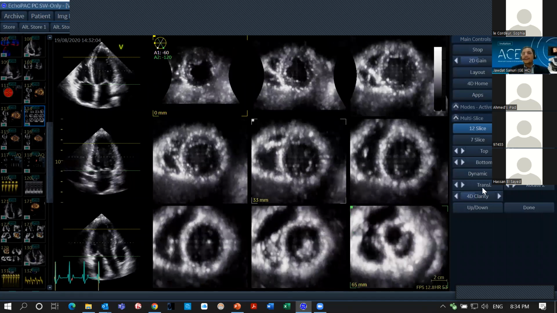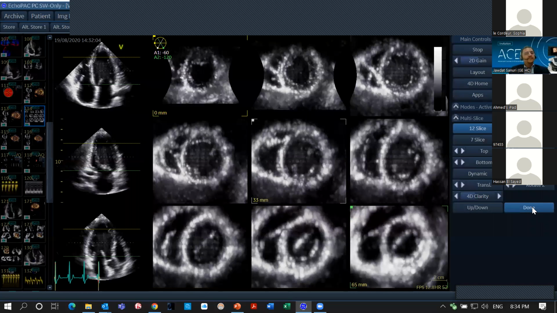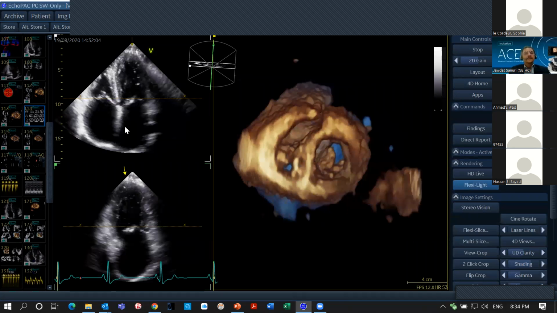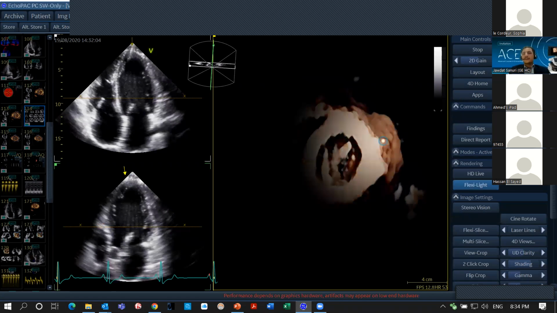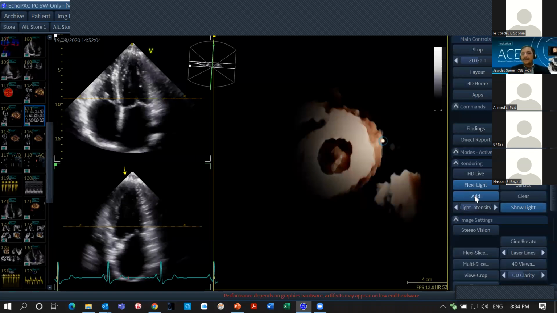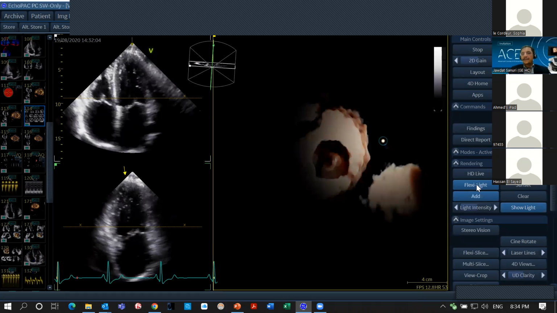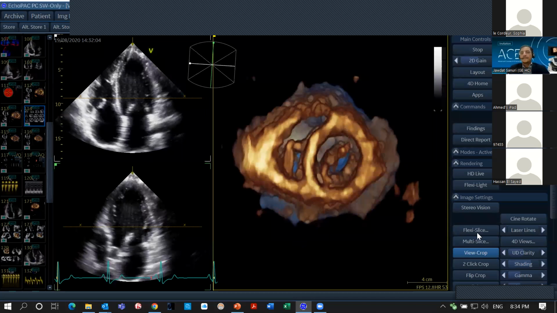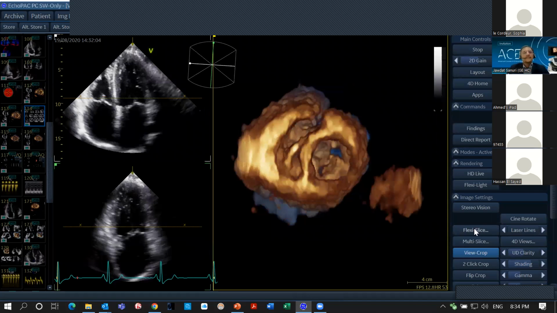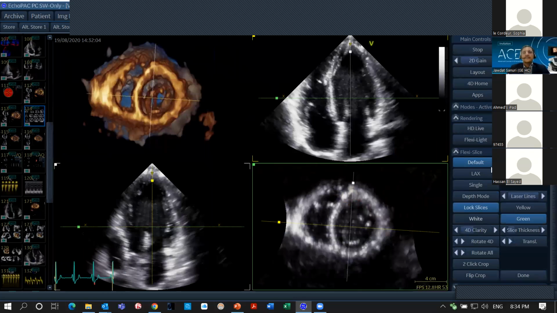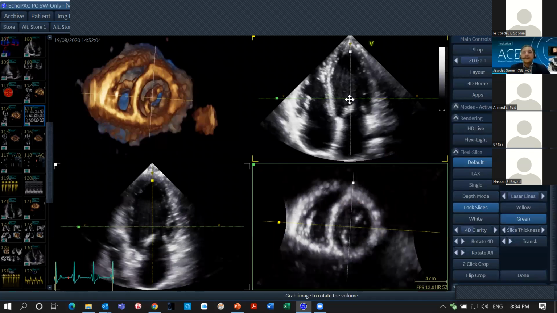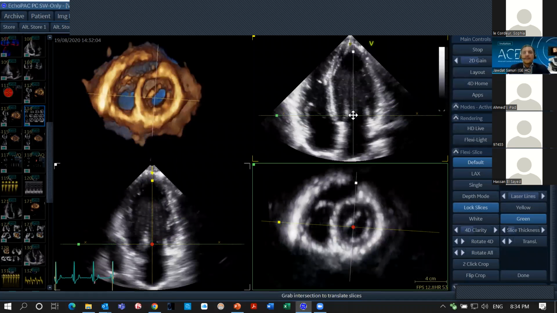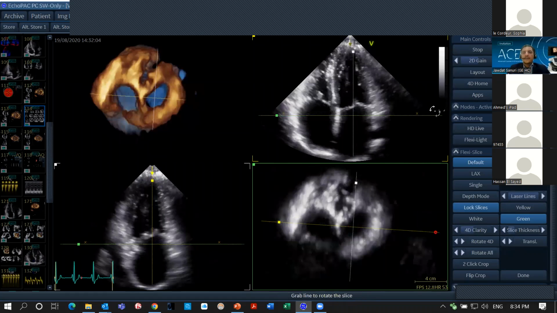Okay, so let's go to Flexi Slice. Oh sorry, that's Flexi Light. Flexi Light is good for a PFO. Very nice, you will see the PFO, you will see the defect. Oh okay, that's great to know. Yes, you will see the PFO in 3D by using Flexi Light.